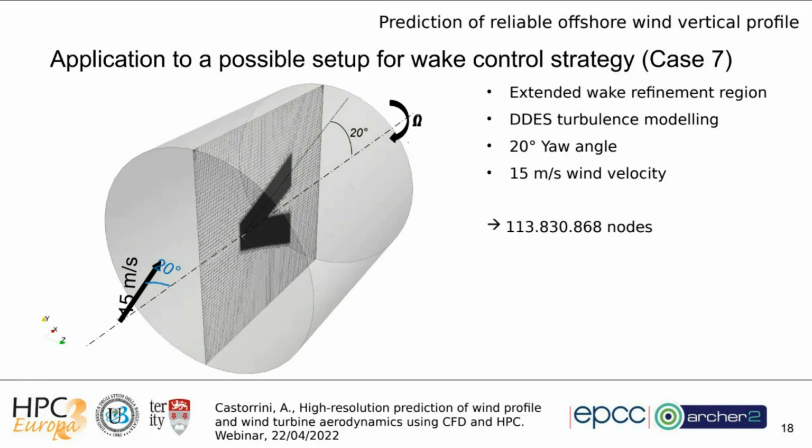This is a cut, so this refinement is basically a cone inside the cylindrical domain. And to also try to catch a better accuracy for the wake resolution, we switch at the end of the simulation to a hybrid delayed detached eddy simulation for the turbulence modeling.